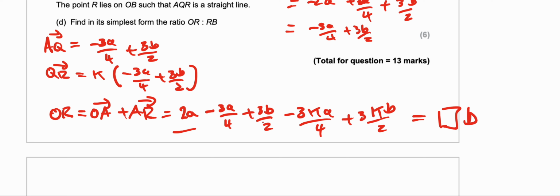That means that all of these terms in a should cancel out. So 2a minus 5a over 4 minus 5ka over 4 equals 0.